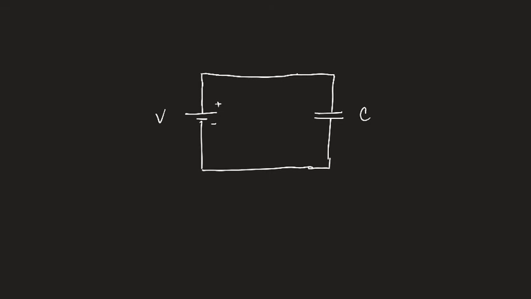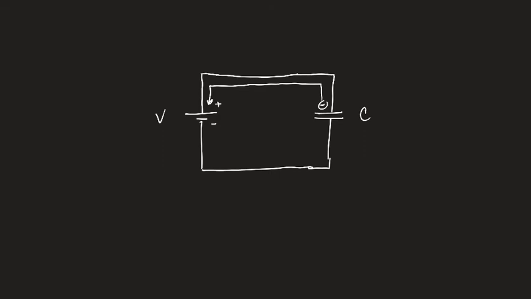I'm just saying the negative side of the battery has a lot of extra electrons, and the positive side of the battery is missing electrons, which means that our neutral capacitor, neutral meaning there's equal amounts of positive and negative on each plate, when subjected to the potential difference, will allow negative charges to be pulled off of this plate and deposited with the battery.